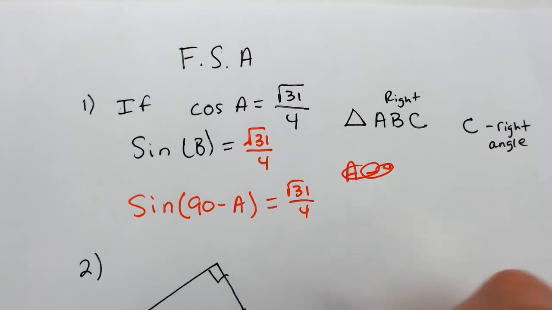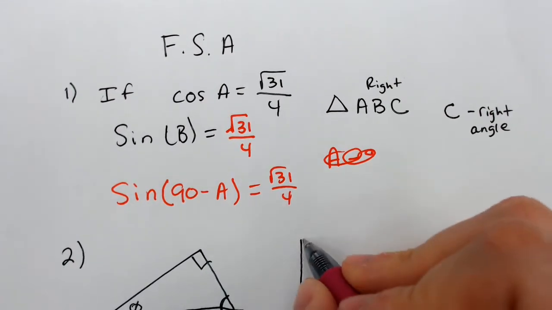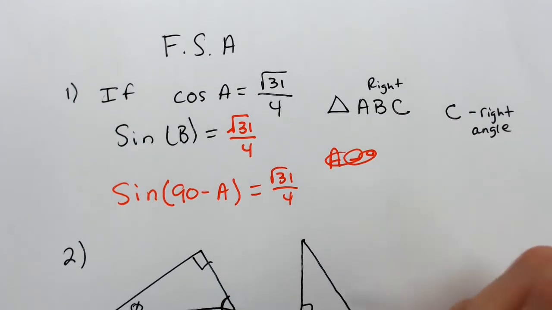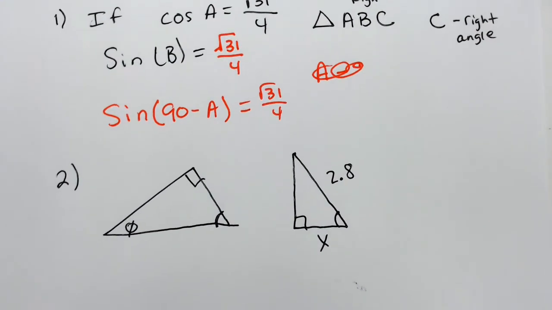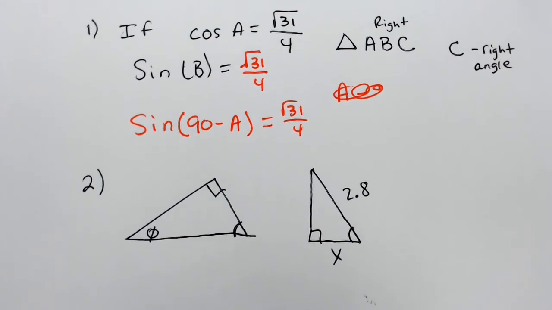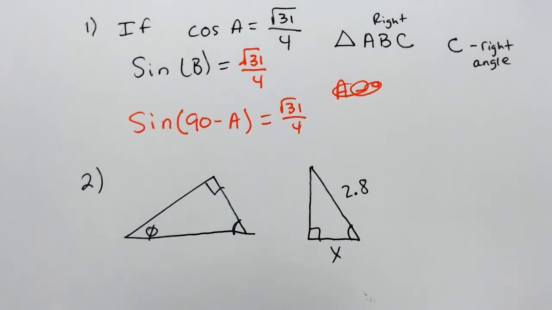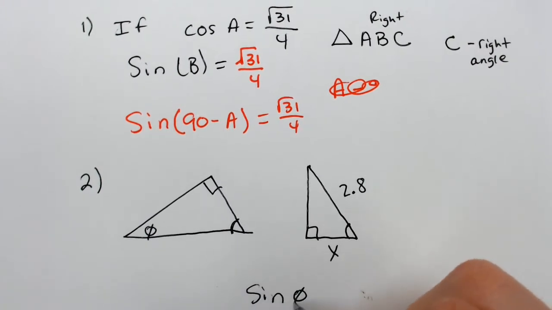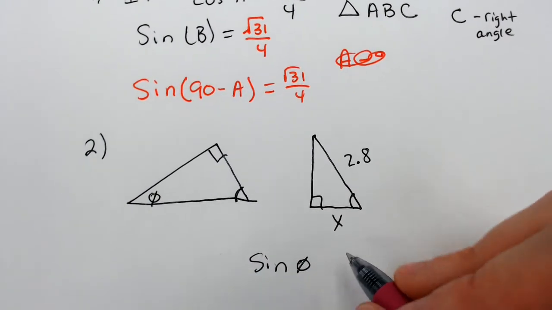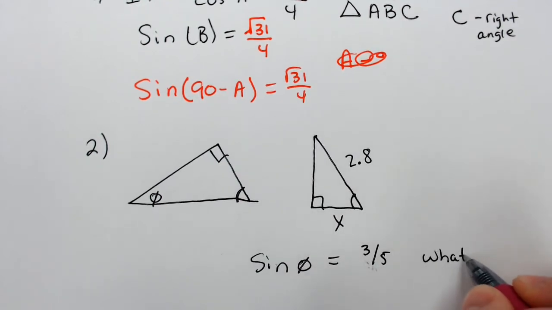So the second one, let's say we had here a right triangle with a theta, and this angle here is going to be similar to another right triangle with that angle there, an x, and a 2.8. In this particular scenario, we actually don't have everything, but if sine theta, that's what that angle symbol stands for, is equal to 3 over 5, what's x?